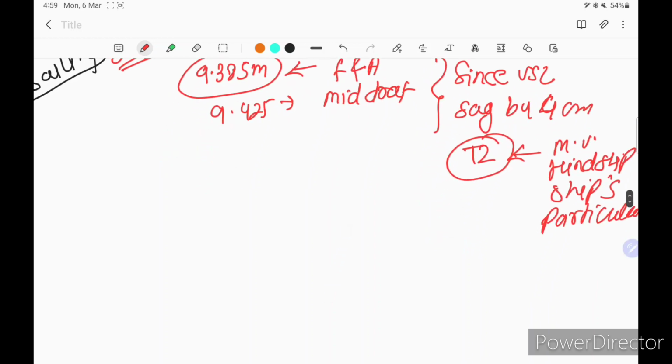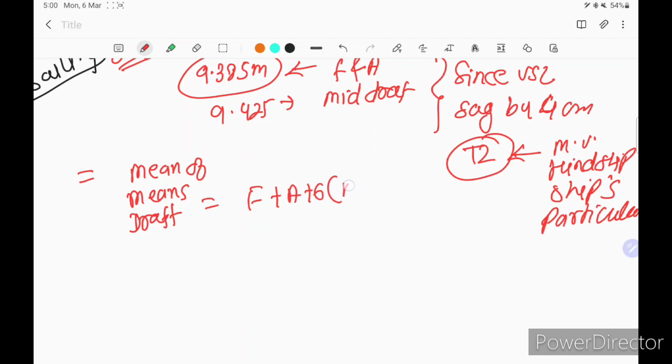Okay, so now we put the value in the formula. Mean draft is forward plus aft plus 6 midship divided by 8. Put the value and you will get the mean draft.